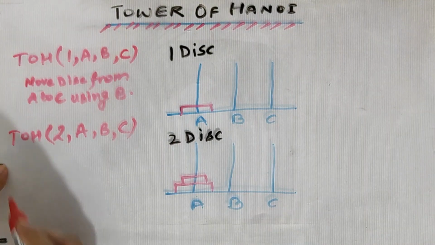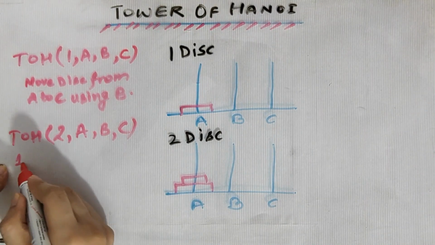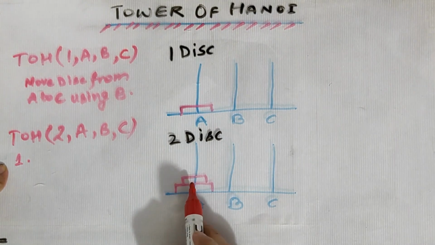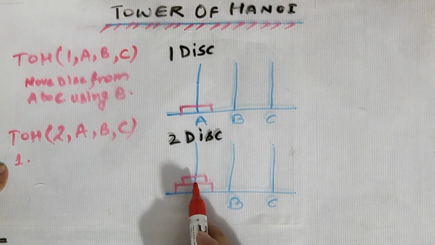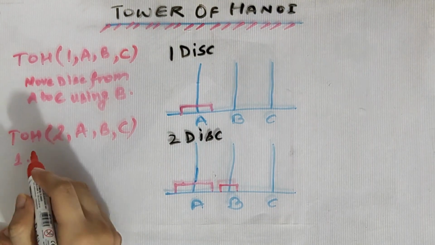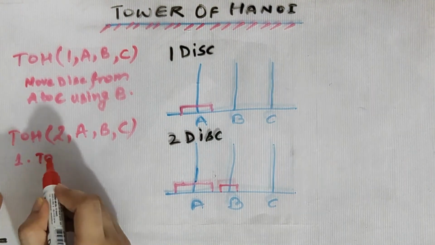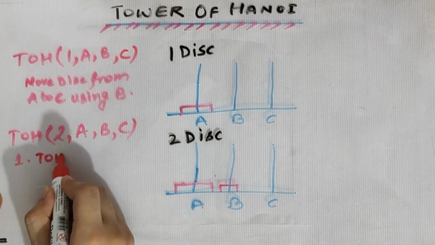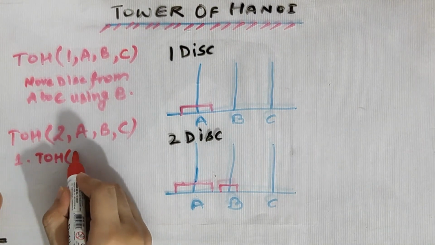First we will move the upper disk from tower A to tower B. So we write TOH, moving one disk.